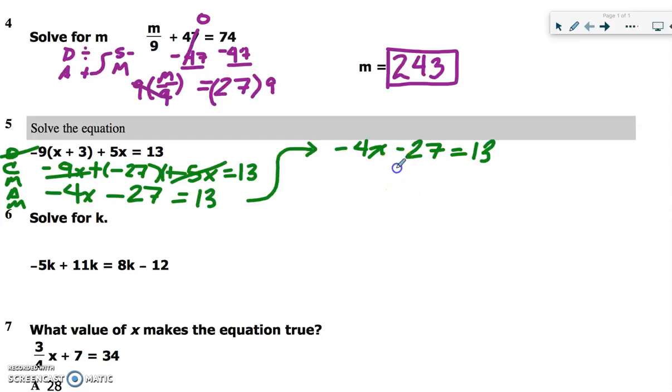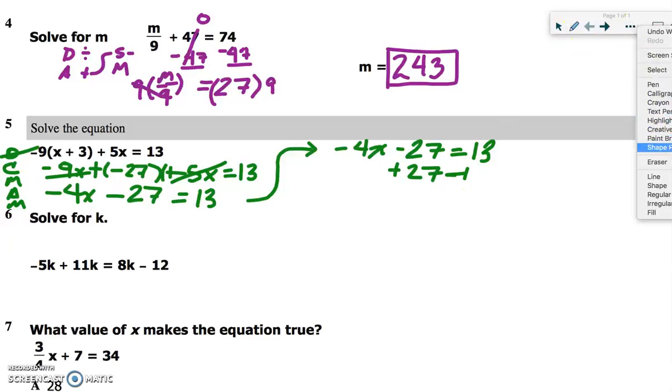I can handle that. Undo your subtraction. Slow down, Miss Gibbs. Going too fast. Uh-oh. Sorry about that. Now that I do need to erase. There we go. Okay. Pardon me. And add 27 to the other side.